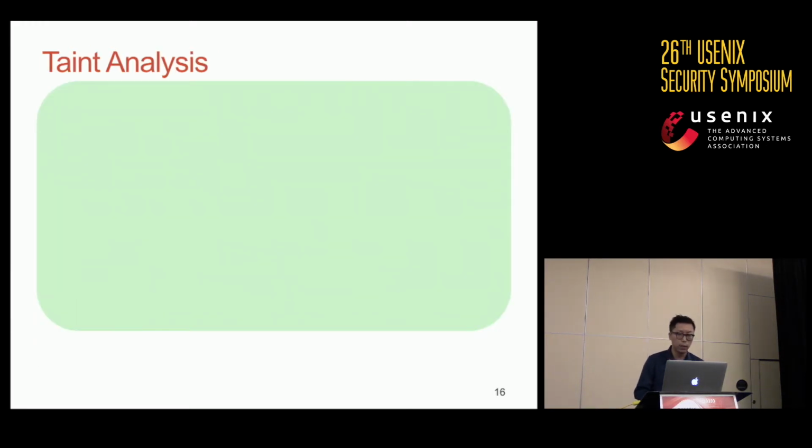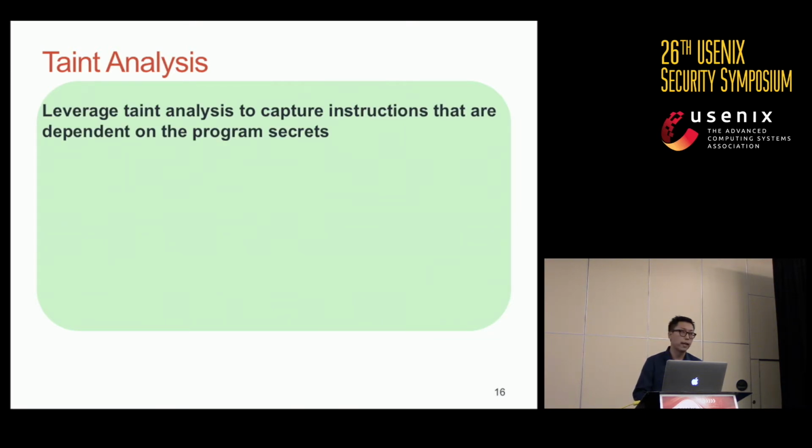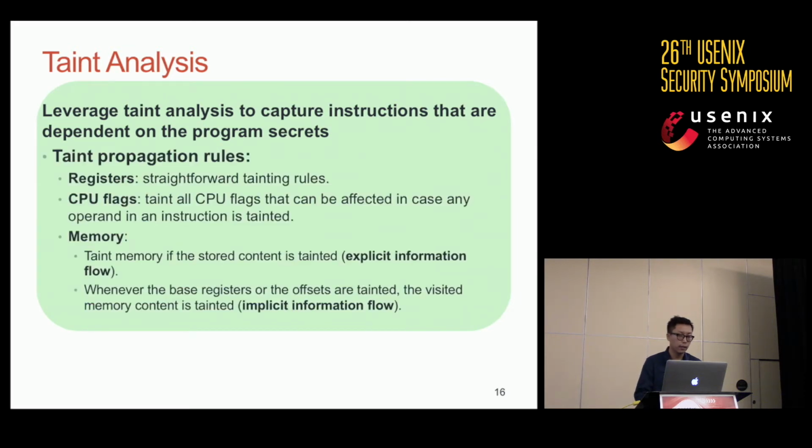So this is about the taint analysis. Essentially, like I repeat, taint analysis helps to capture the program secret dependency. And these are our taint propagation rules. We have pretty standard tainting rules for the registers. For the CPU flags, we conservatively taint the flag as long as the operands of some instruction are tainted.